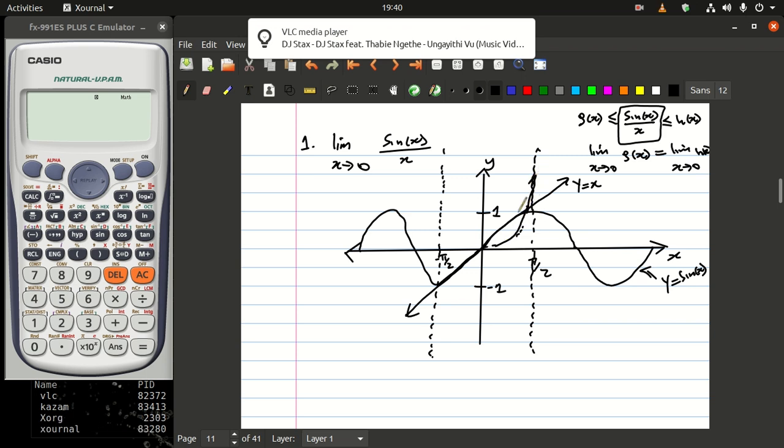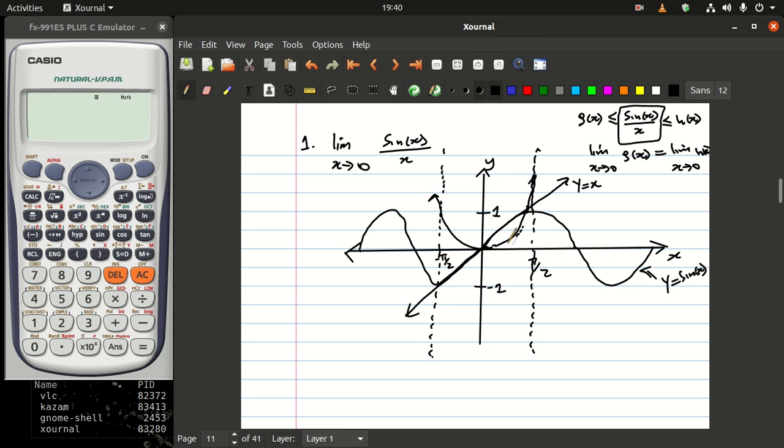Something like that, right? But now, if you look at x squared here, you will notice something: sine of x is always less than this function here, right? If we consider this region from 0 up to pi over 2, sine of x is always below or equal to y is equal to x.